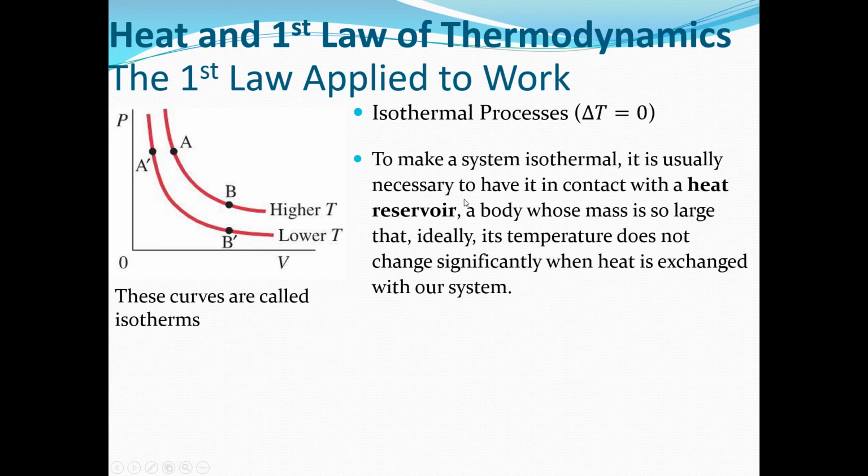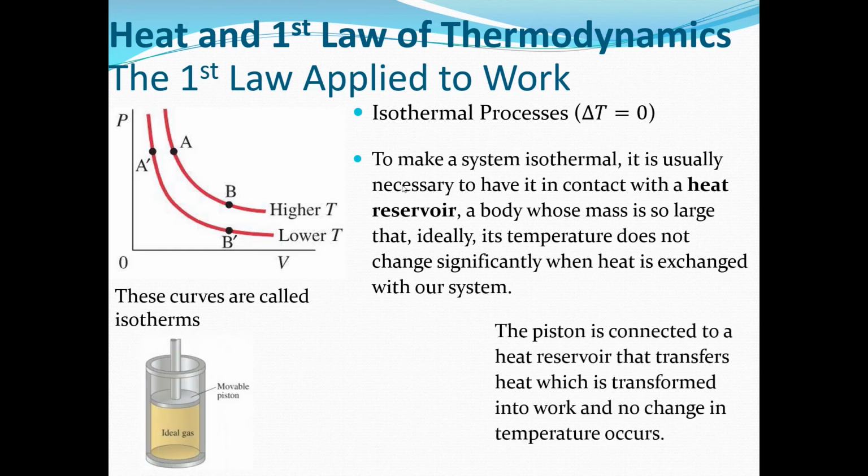Now, the way an isothermal process usually is done is that the system that you have is in contact with something called a heat reservoir. The heat reservoir is something so massive that it can maintain its temperature despite any transfers of heat going into or out of the system.